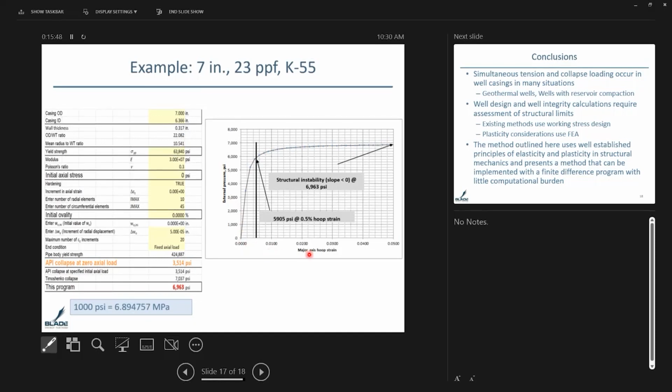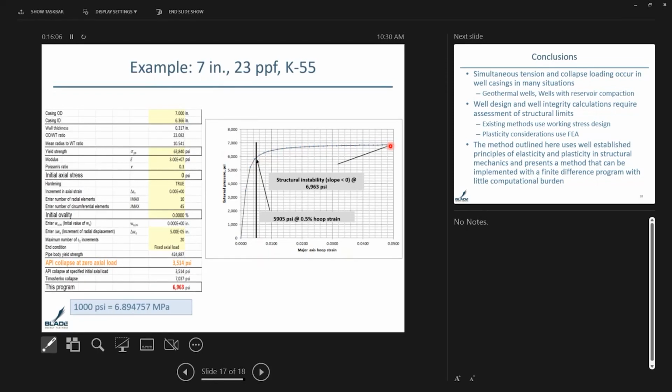So here is the major axis hoop strain, the external pressure, which is a proxy for the differential pressure, and the onset of yield and the onset of instability. And we can calculate the collapse criterion.